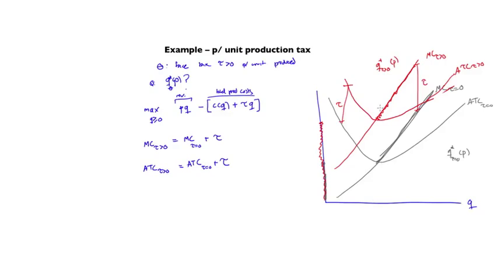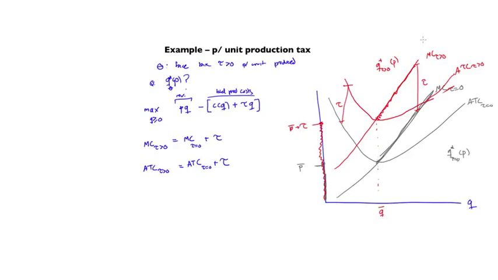So in particular, if before, for example, the price cutoff level was there, at which supply became positive, now it has shifted to P bar plus tau. But the quantity produced once it becomes positive is the same as before, this Q bar. And then it increases according to the marginal cost curve.